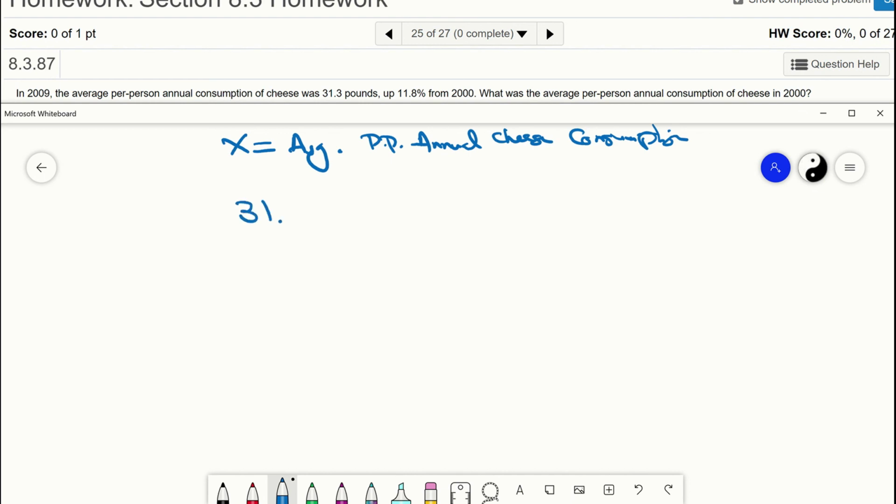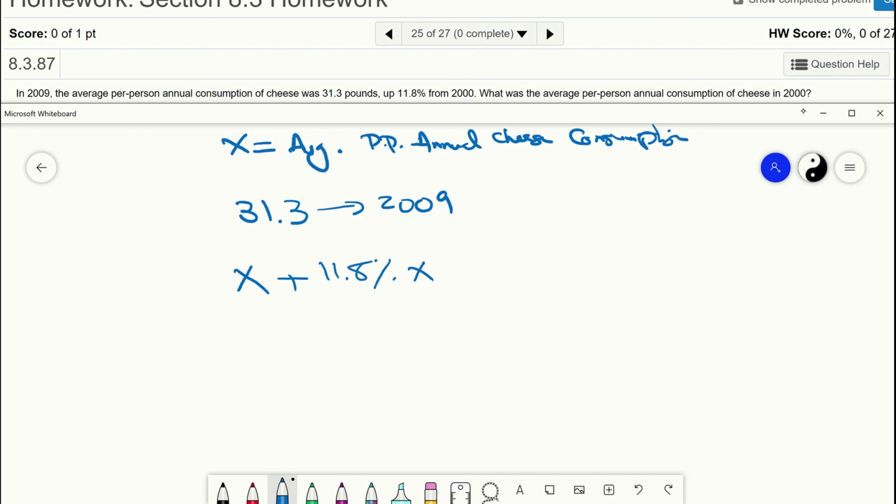Now, but we do know that this 31.3 pounds, which referred to the year 2009, was whatever x was plus 11.8% of whatever x was, right?